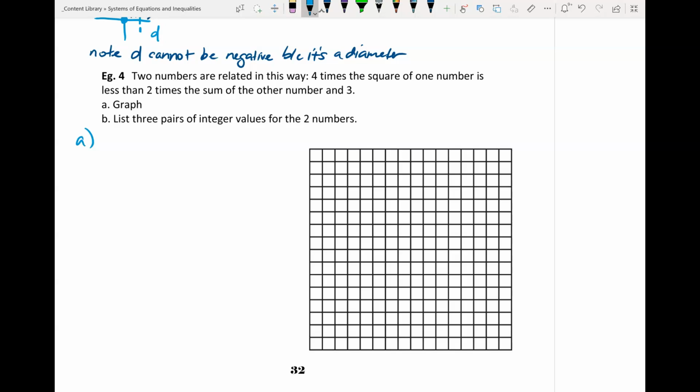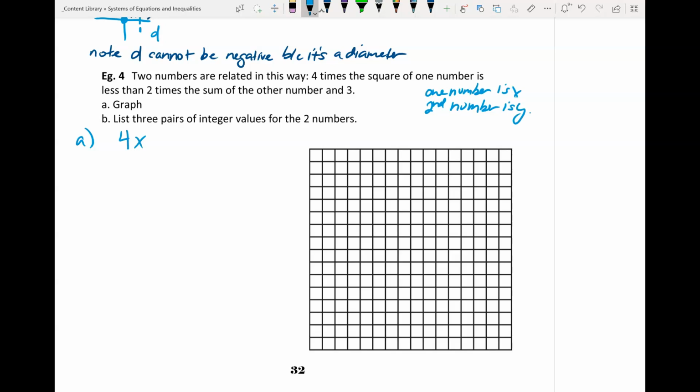So 4 times the square of one number. We're going to call one of these numbers x, then. So one number is x, and then we're going to have another number, so the second number can be called y.